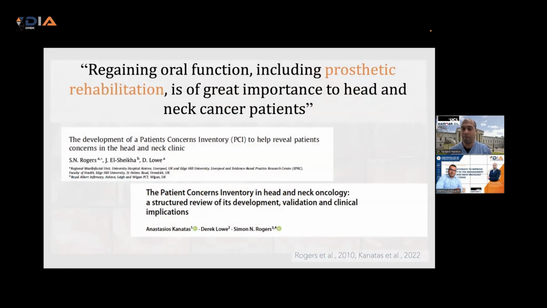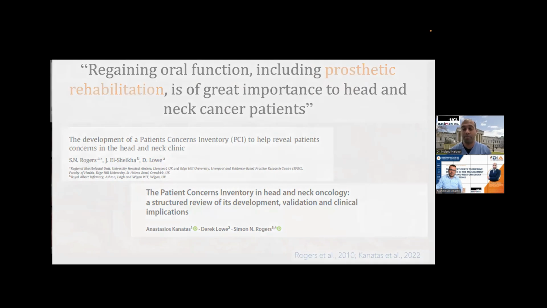Simon Rogers and his group in Liverpool have done some amazing work over the last many decades, and some of their publications look into what patients actually care about, and they developed this patient concerns inventory. And here as well, this inventory highlights the fact that yes, patients want to be cancer-free, but once they're cancer-free, most of their concerns are related to oral function, speech, and reintegration to society, which a lot has to do with how we deal with the patient from day one.